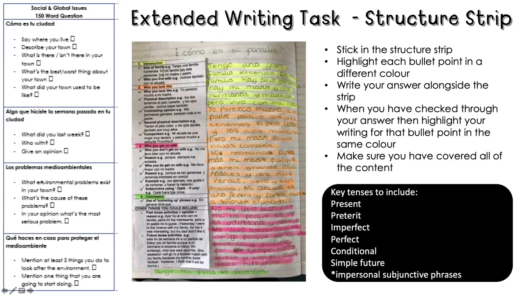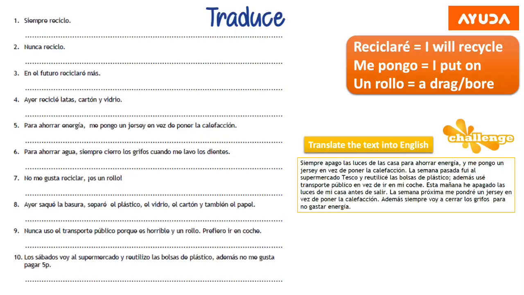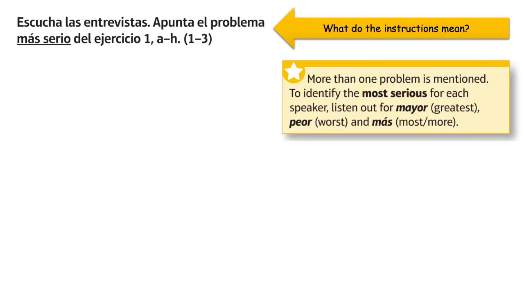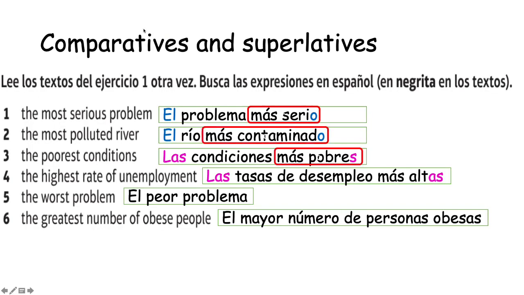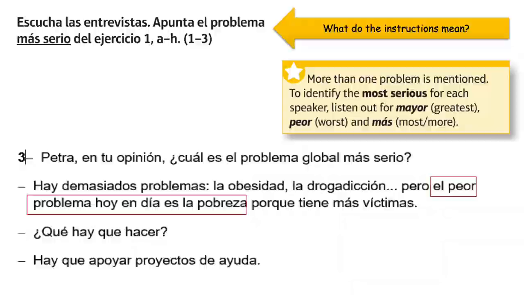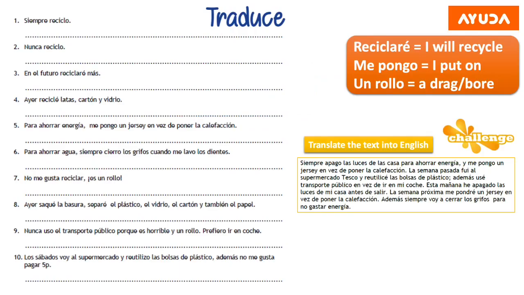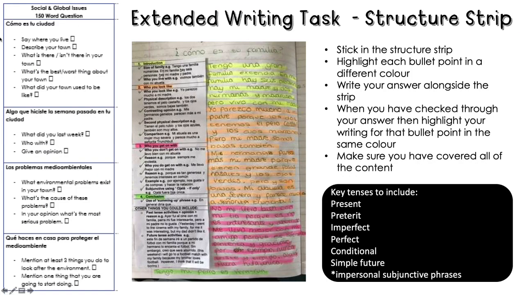Then next one, this is where we are starting to link with Module 8. So environmental problems. What environmental problems exist in your town? So you can use part of the text that we saw earlier. So one of these ones, for example, en mi zona hay gente que, yeah, in my area there's people that, or en mi zona hay contaminación en los ríos y mares.